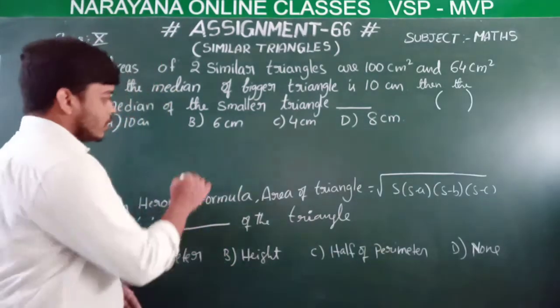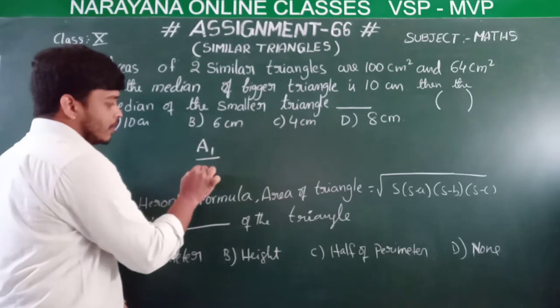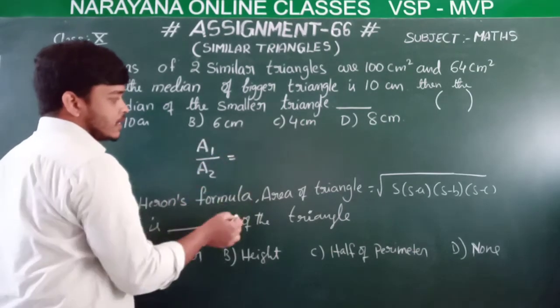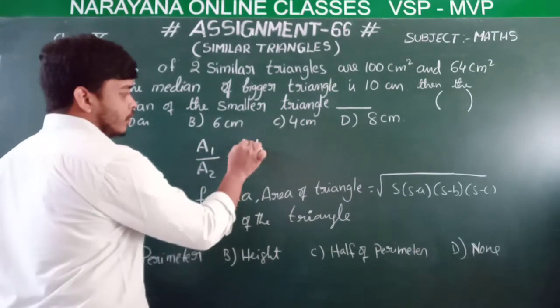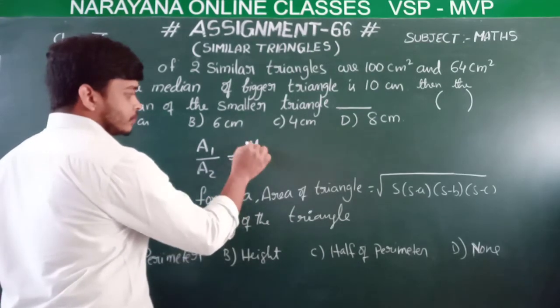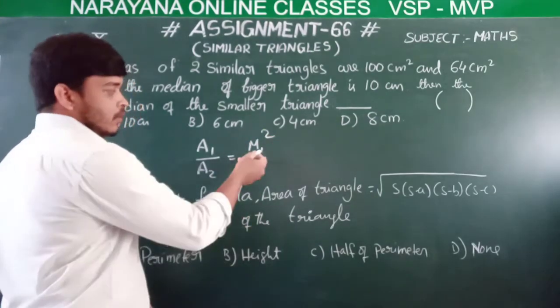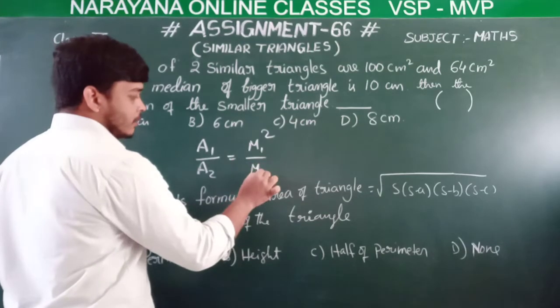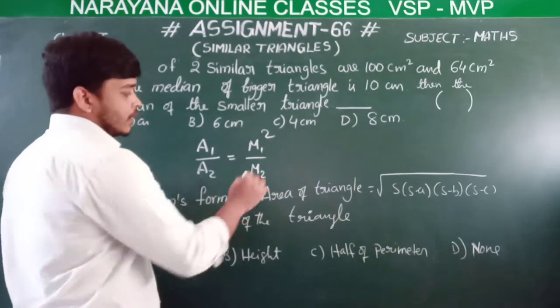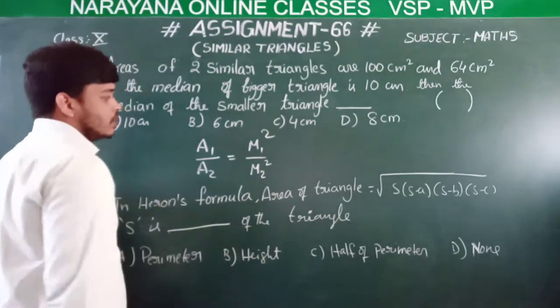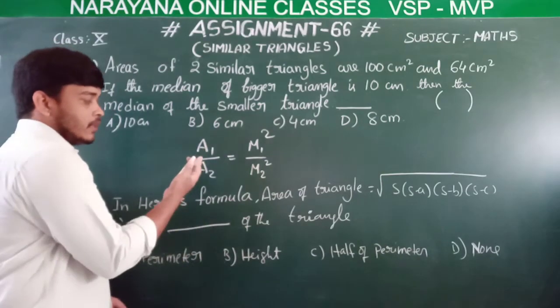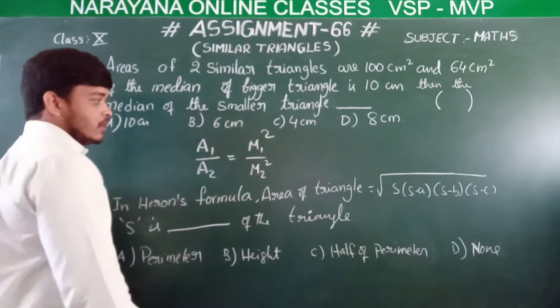Here also, area of bigger triangle by area of smaller triangle is equal to median of bigger triangle square by median of smaller triangle square. That is, area by area is equal to side by side whole square.